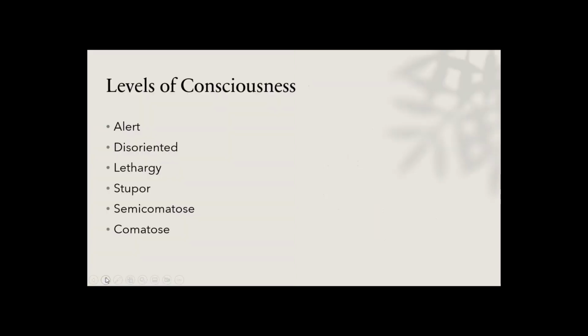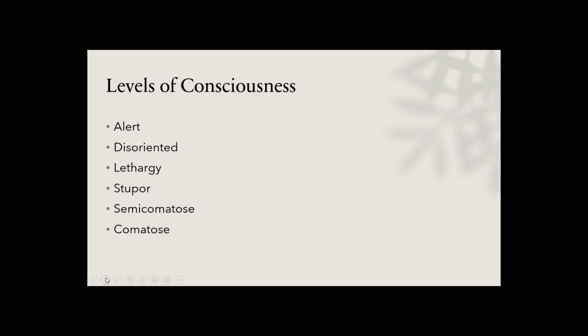I'm going to skip to the next slide just for a second, and then we'll be going back. There are 6 levels of level of consciousness. Now this is going to vary according to textbook. I think your textbook only lists 5, on page 1871. But again, it varies, so we're going to go with 6 here and discuss 6 different levels.